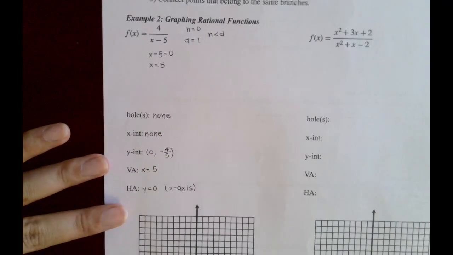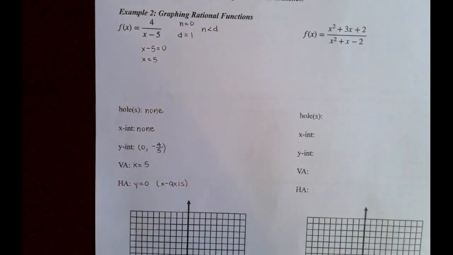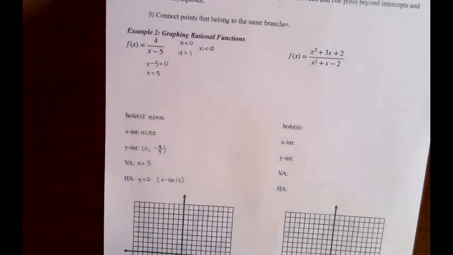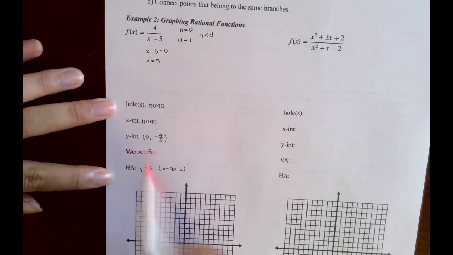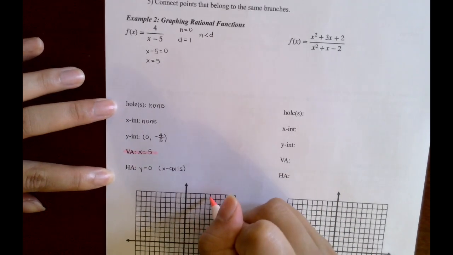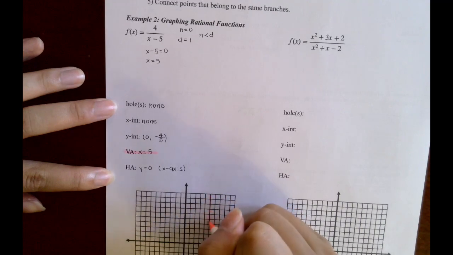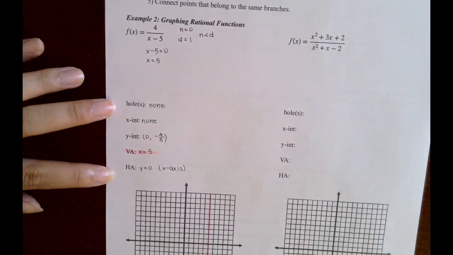So now let's graph a little of what we have. I'm going to zoom it out a little. We have no holes, so we don't have to worry about that. We have a vertical asymptote at x equals 5. So 1, 2, 3, 4, 5. Here I'm going to draw my asymptote, which means I will approach this but never touch it.